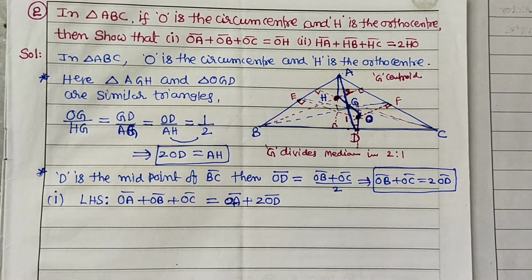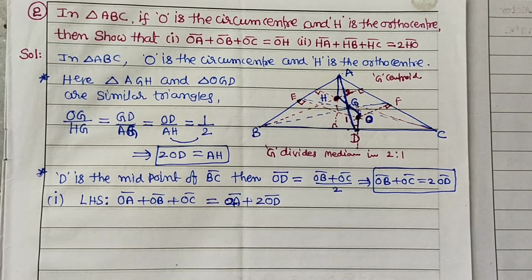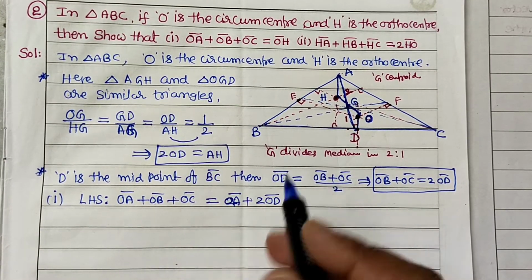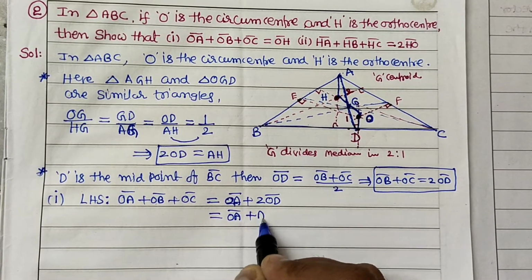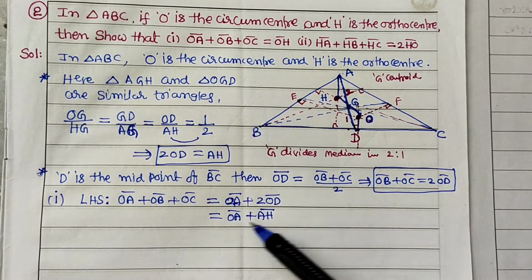After that, 2OD bar is equal to AH, which is equal to OA plus AH.